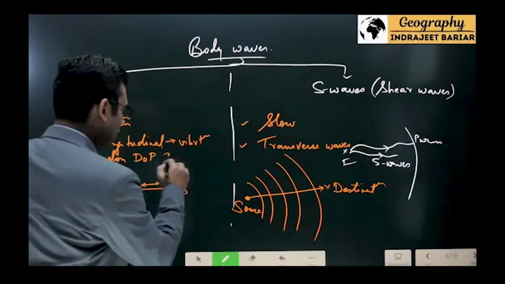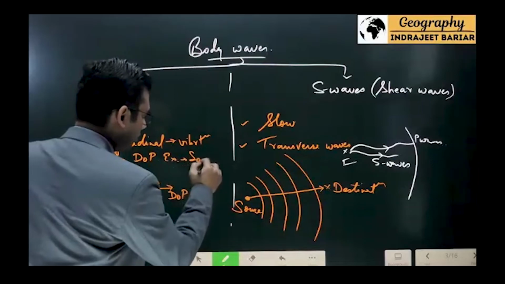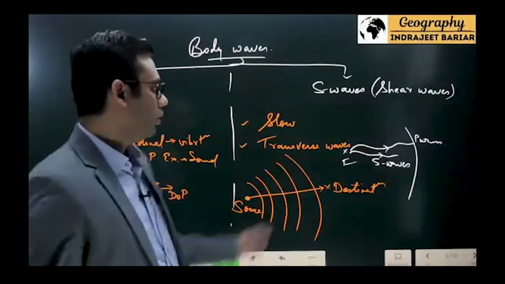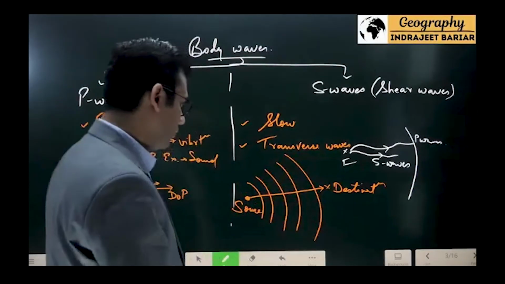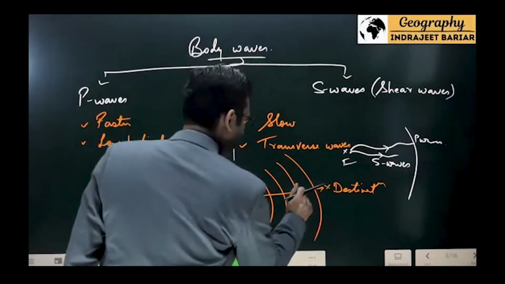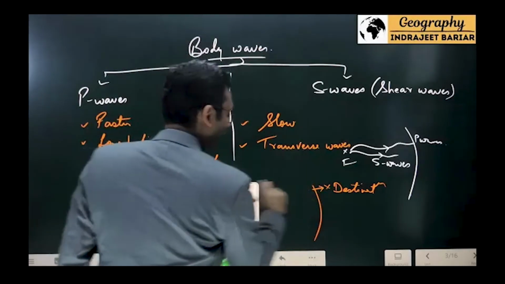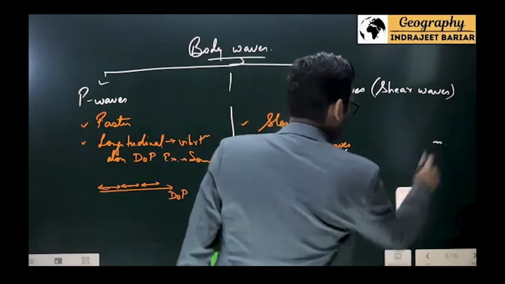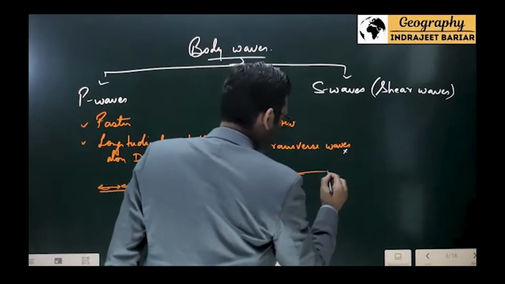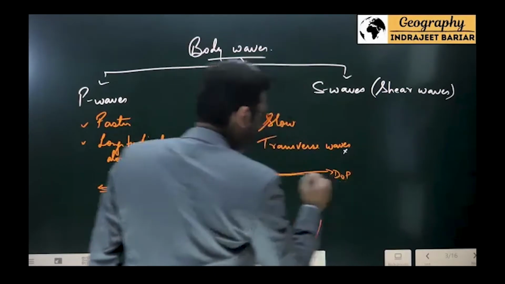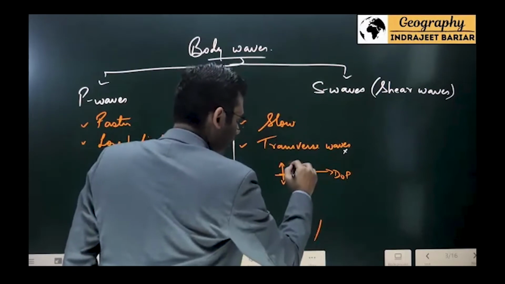One example is sound waves. On the other hand, transverse waves. In the case of transverse waves, if this is the direction of propagation, the particles vibrate like this.